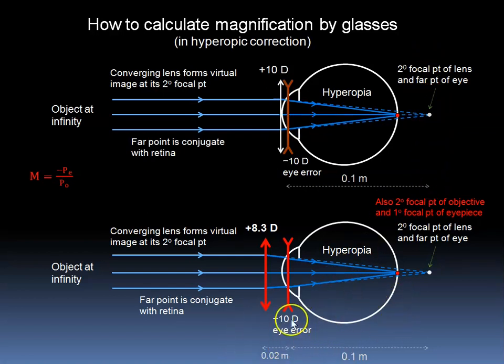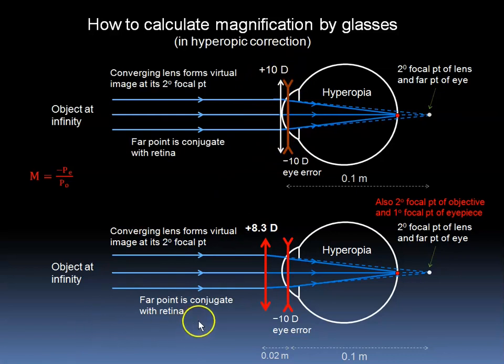Over here in this eye, the lens is an additional 0.02 meter in front of the eye, and the far point of the eye is still 0.1 meter behind the eye, so that the total distance of this lens is now 0.12 meter from the far point of the eye. This secondary focal point of the lens requires that the lens have a power of 8.3 diopters, which is lower than the lens at the plane of the eye.